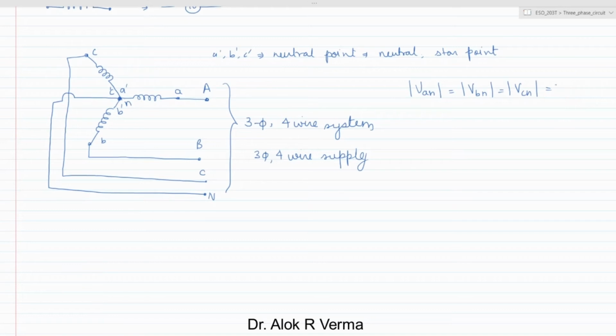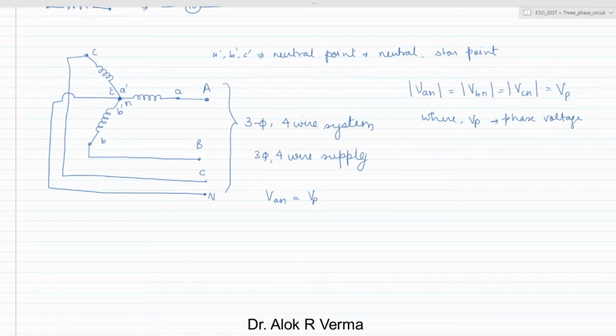With respect to neutral it is given as the phase voltage. So when we talk about a single phase, like phase A, phase B, phase C, with respect to the neutral, the voltage is the phase voltage. If we write it in terms of phasor quantities, VAN is VP, where VP is the phase voltage.